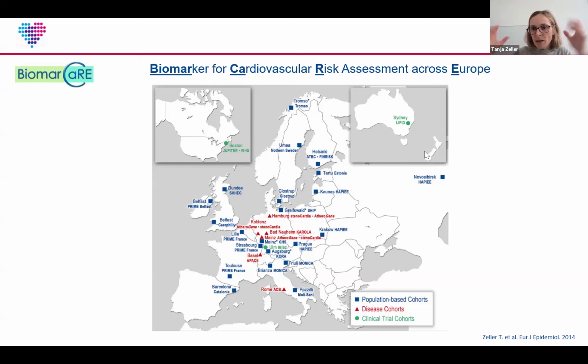We also enlarged the cohorts that were used, and here in this graph you can see the different cohorts that are gathered in BiomarCaRE. All the blue ones are population-based cohorts. The red ones are disease cohorts, which we added within BiomarCaRE, and we also had some clinical trials.